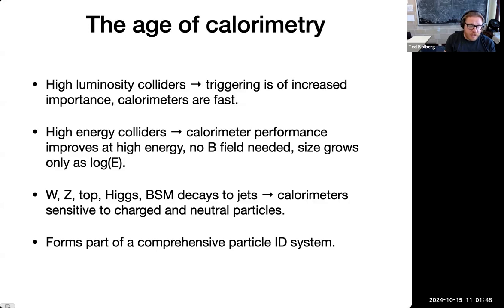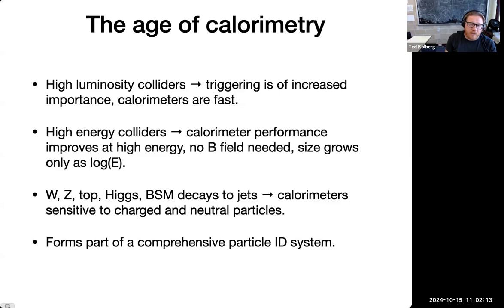The push to higher energy also intrinsically favors calorimetry over tracking detectors, for the simple reason that the calorimeter's energy resolution improves as the particles get more energetic, whereas the momentum resolution of a spectrometer for a fixed field grows worse as the particles are more energetic. In fact, the calorimeter doesn't depend on the presence of a magnetic field at all for its operation.